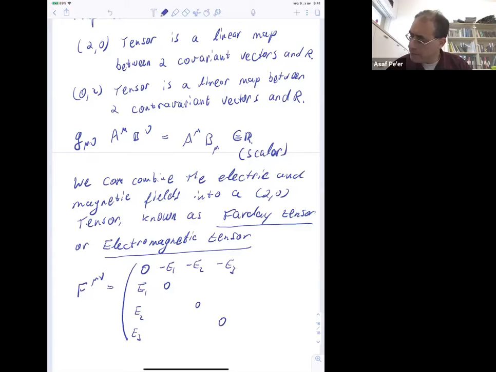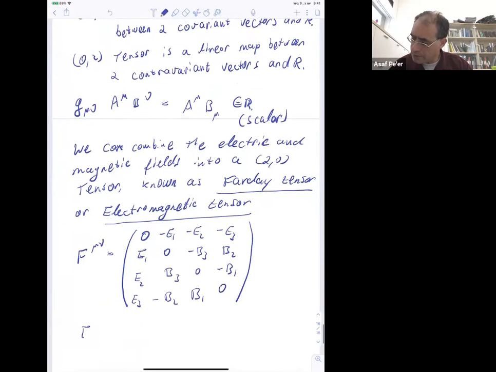And then there is a minus B3, B2, and so on, and the inverse, so it's B3, minus B2, B1. Of course, E1 is the x component E_x, E2 is E_y, E3 is the E_z component. And the same for the magnetic fields.